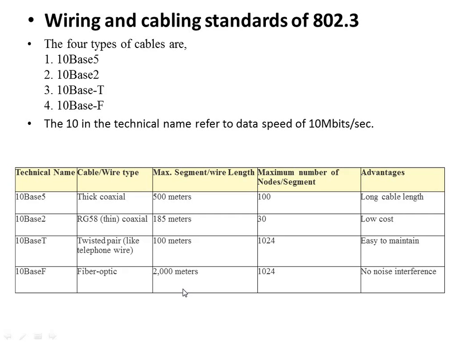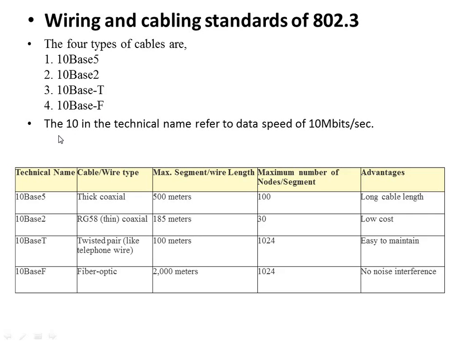So that's why the physical layer came into existence, and MAC also came into existence. For that purpose these two layers are considered. Here the four types of cables are 10 base 5, 10 base 2, 10 base T and 10 base F.